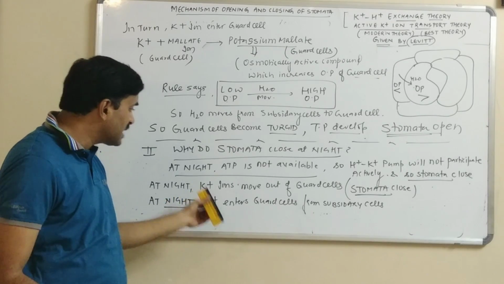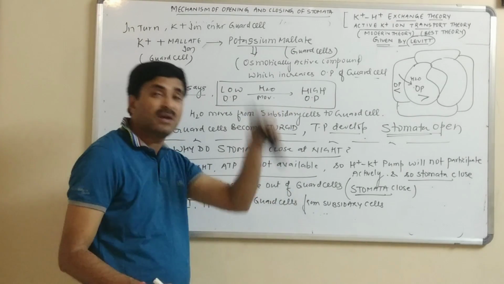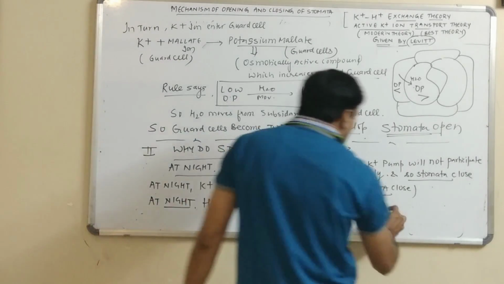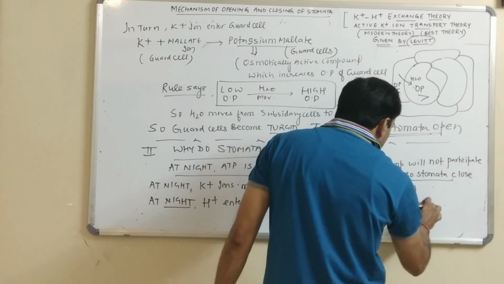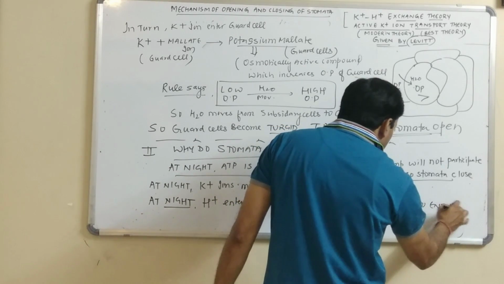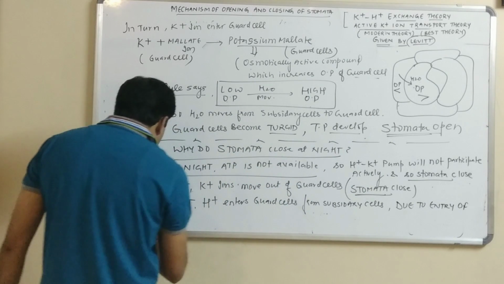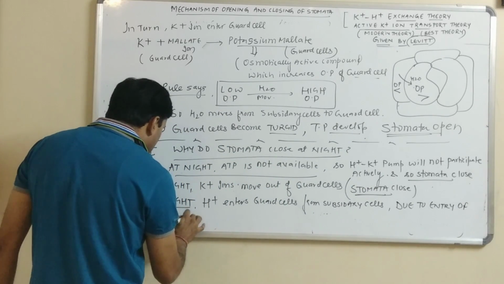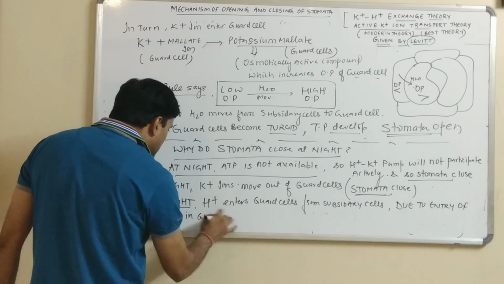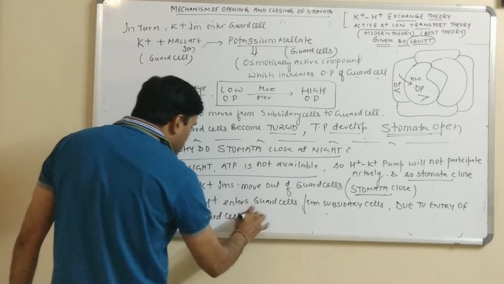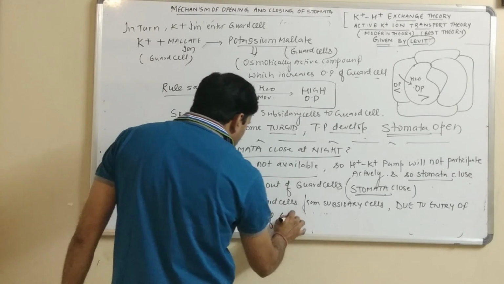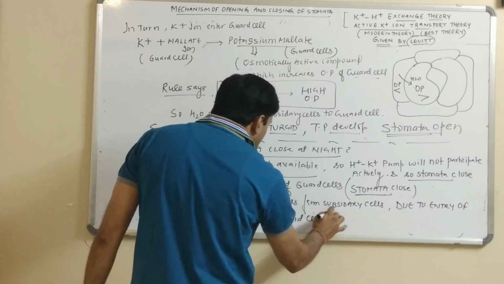Now at night, H plus ions enter guard cells from subsidiary cells. Now due to entry of H plus ion in the guard cell, what happens? The pH of the guard cell reduces.